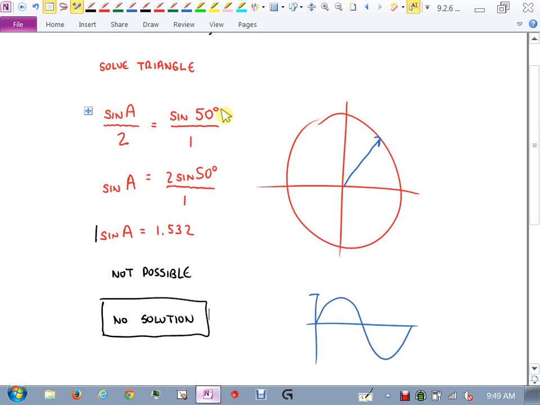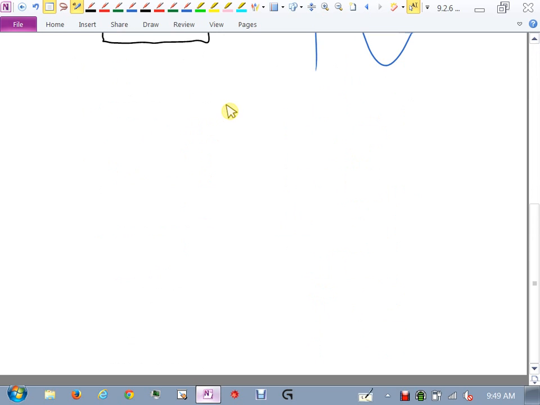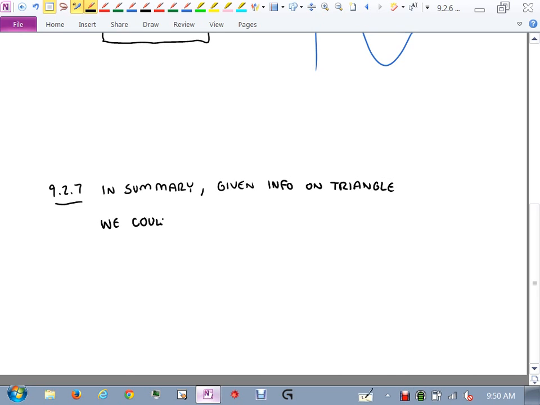Okay, so that's it with triangles, right? So far, we've seen there's 3 possibilities. So I'll summarize 9.27. In summary, given info on a triangle, we could have one solution.